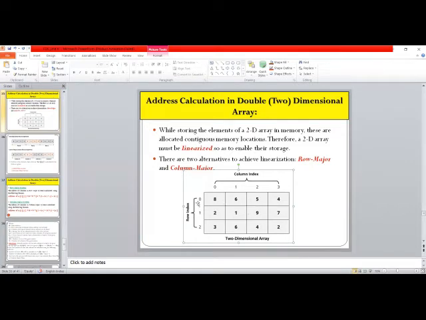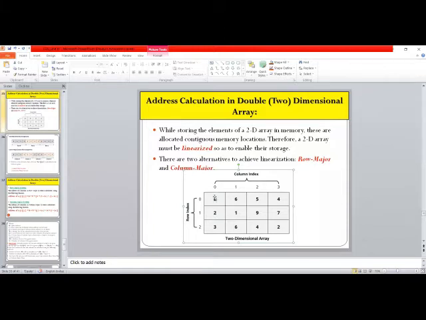So let us say the name of my array is A. This 8 element is stored at the location A of 0, 0, because it is stored at the 0th row and 0th column.